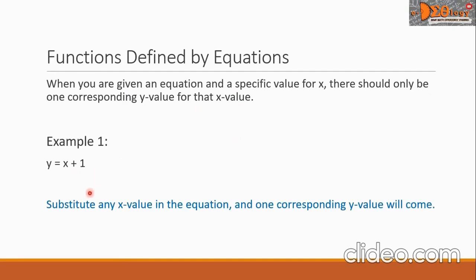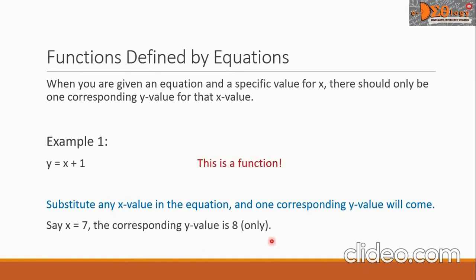We're going to substitute any x value in the equation and one corresponding y value will come. As an example, we say x equals 7. The corresponding y value is 8 only. So we say that this is a function.